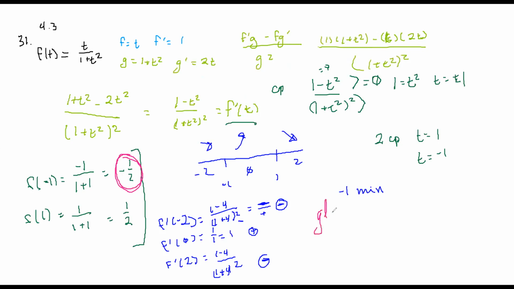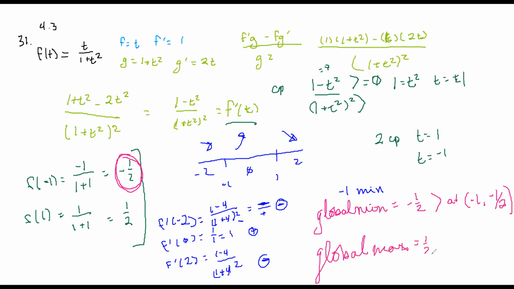So global min is equal to -1/2, and the point is -1, -1/2. And then the global max is equal to 1/2.